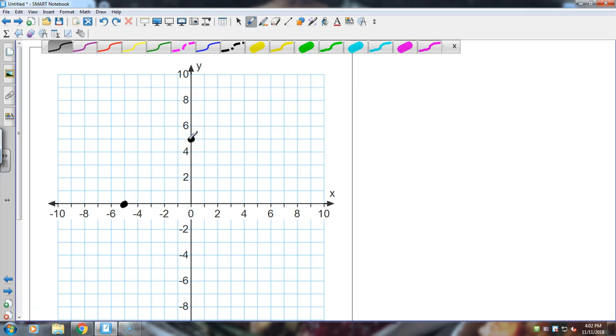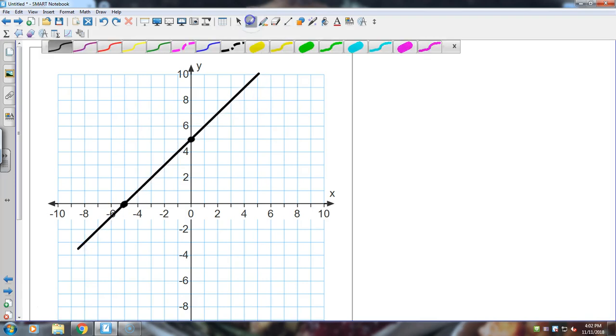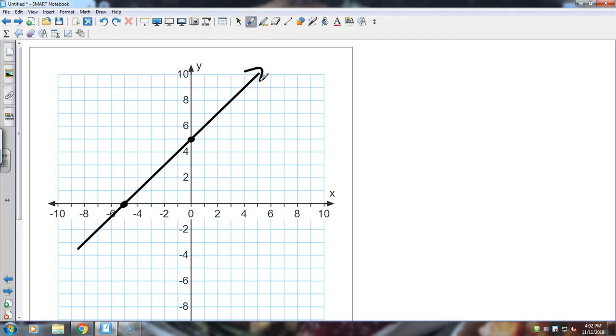Okay, so I'm drawing this line, just like that. And I want to draw a line that's parallel to it. So again, rewinding, if it's parallel, it's got the exact same slope. So we need to find the slope of this one.